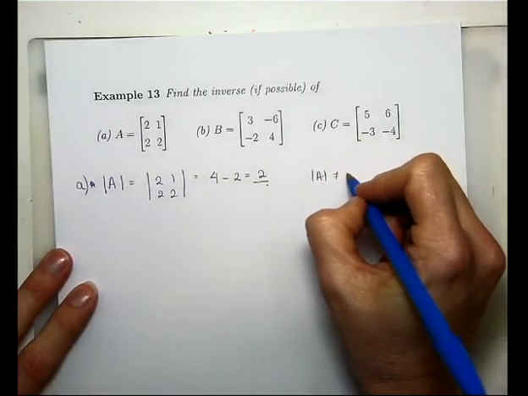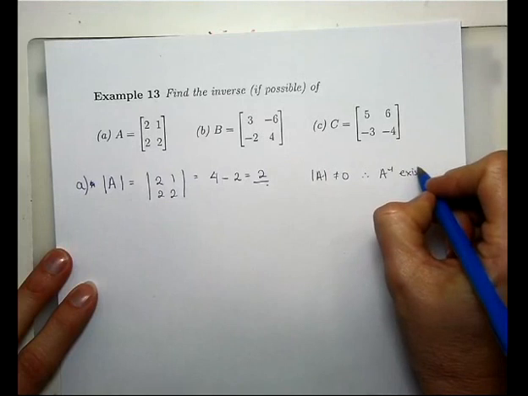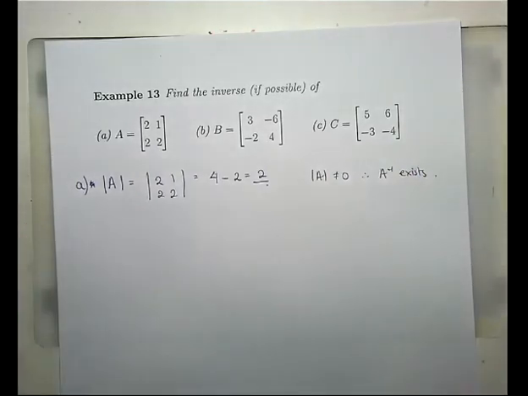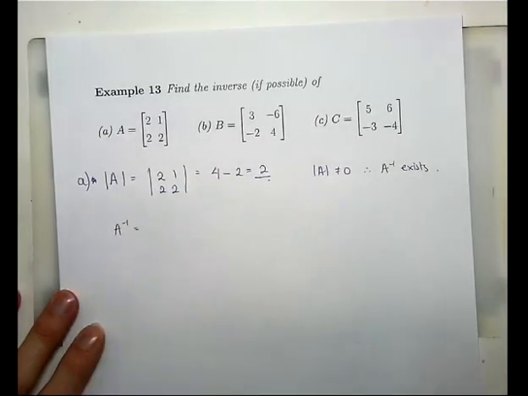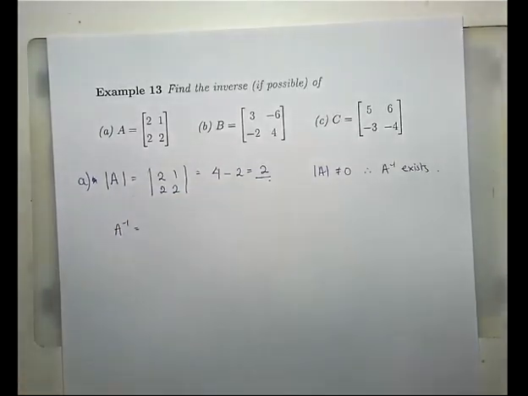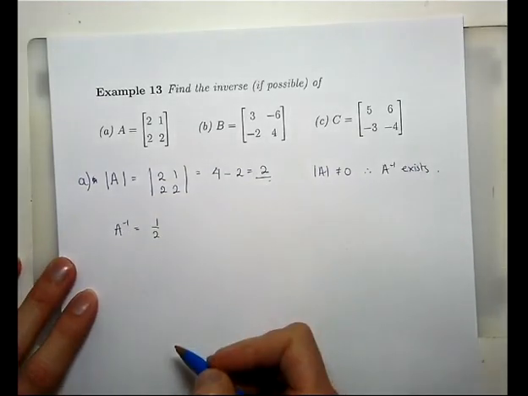You can say something like this: it's not equal to 0, therefore A minus 1 exists. That's good. If it exists, let's go and find it. All you have to do is use this little formula here. 1 over the determinant gives you 1 over 2.